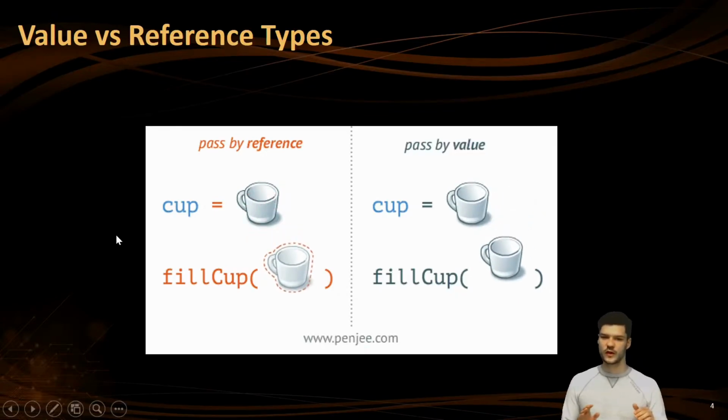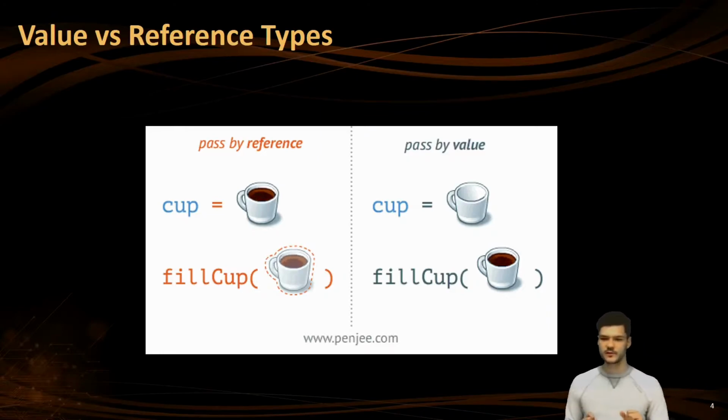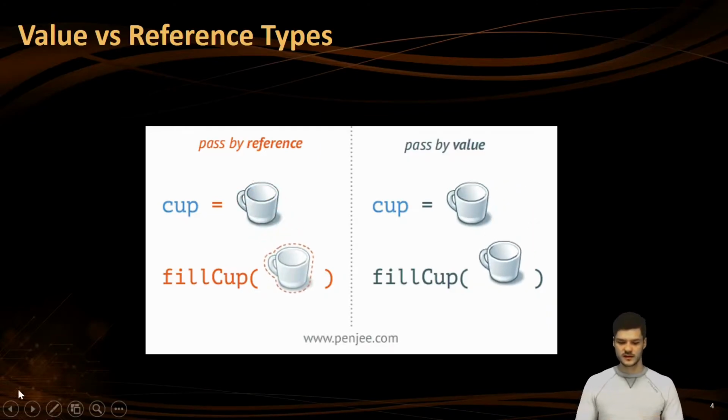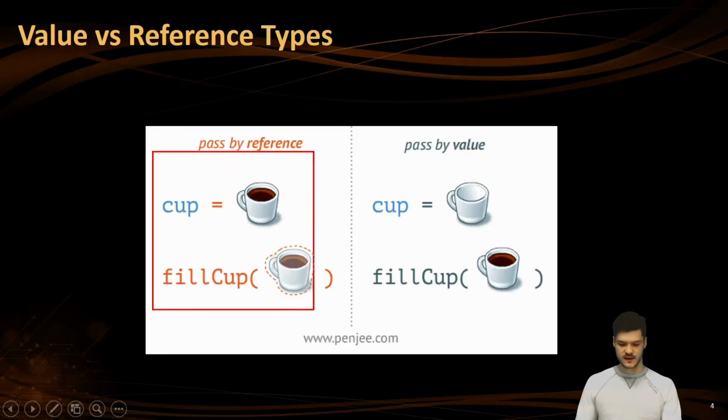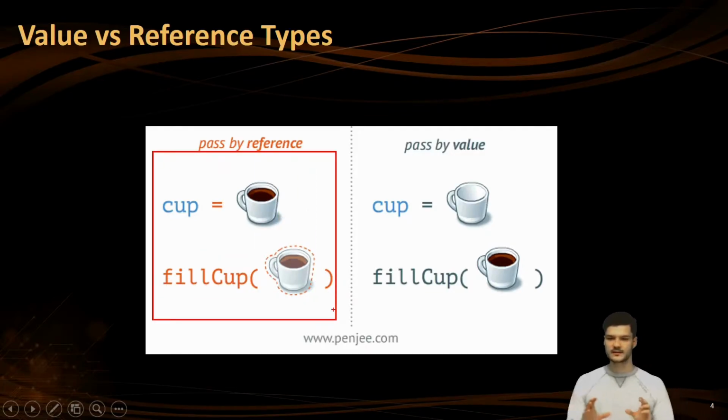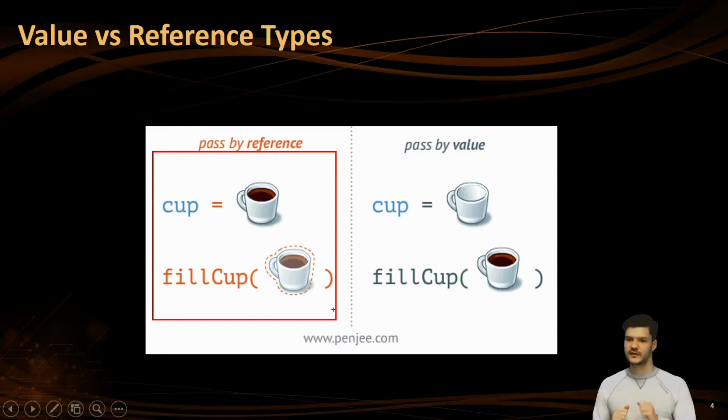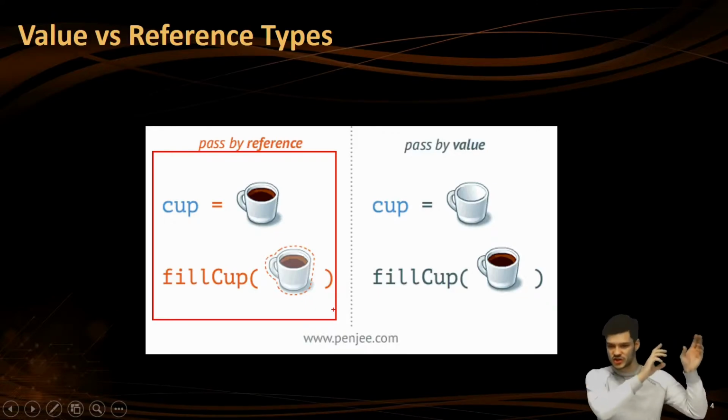Whereas when we use a reference type, we don't pass the value of the variable, we pass the address of the variable, so we know where it resides in our memory. So when we perform something, we're gonna change the original variable.